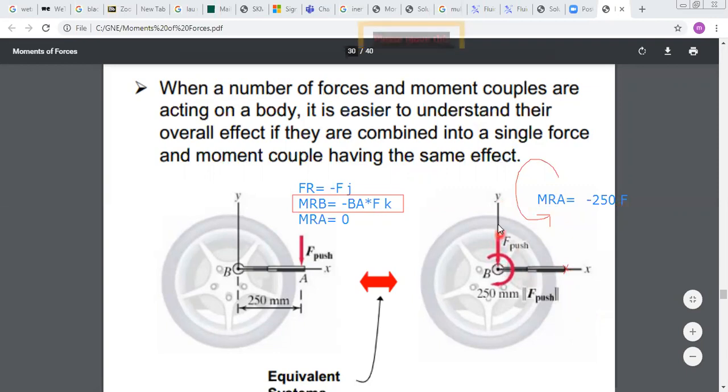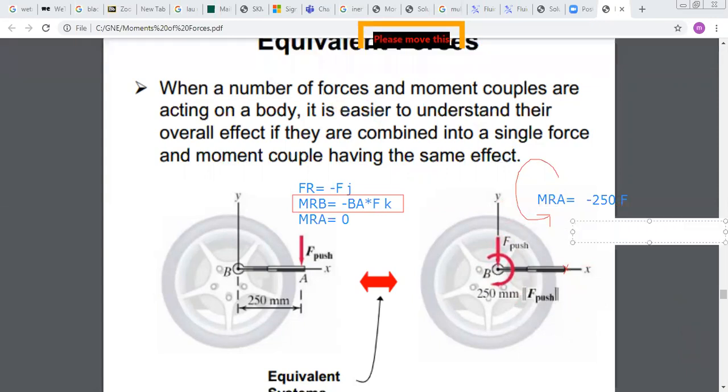So if you do F times AB, you get the moment of F about A, and it is in the counterclockwise direction, so it's positive. So I will put here plus 250 times F. And as expected, I will get 0, because these two systems are equivalent, so they should produce the same moment about any point.